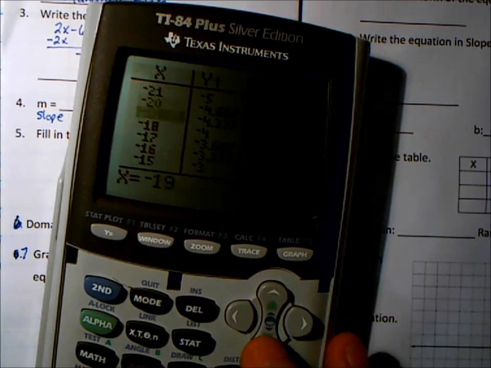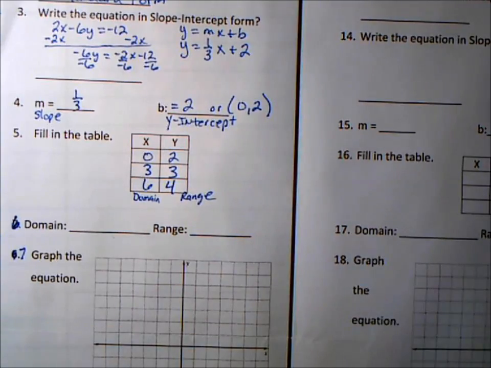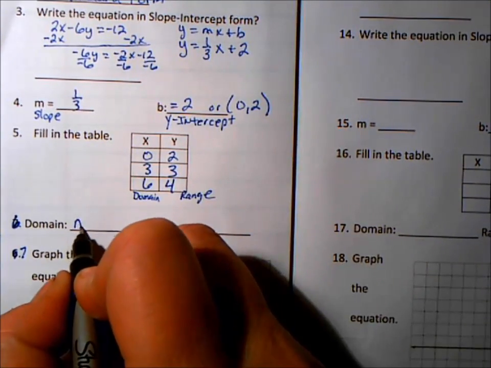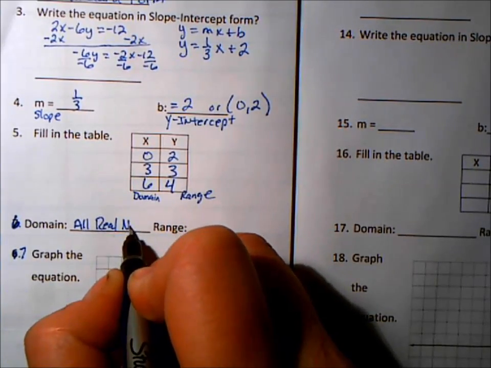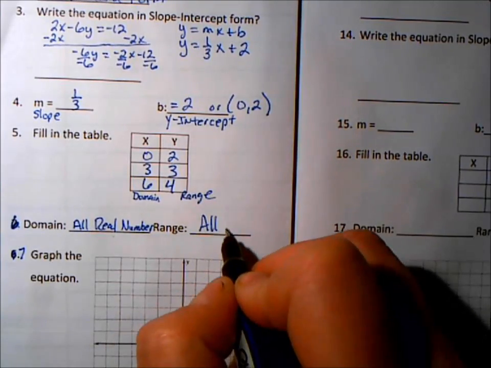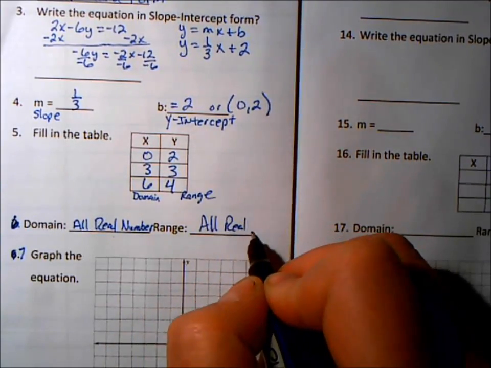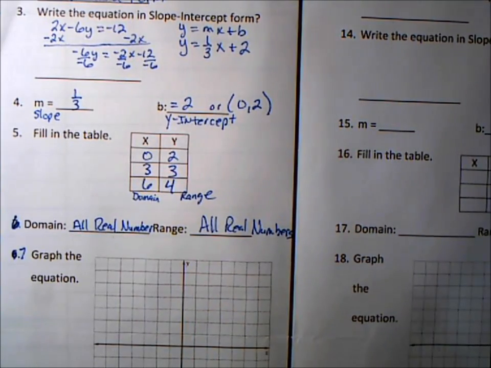It just continues on and on. So that means that our domain here is going to basically be all real numbers. Their range is also all real numbers. It's not stopping anywhere at all.